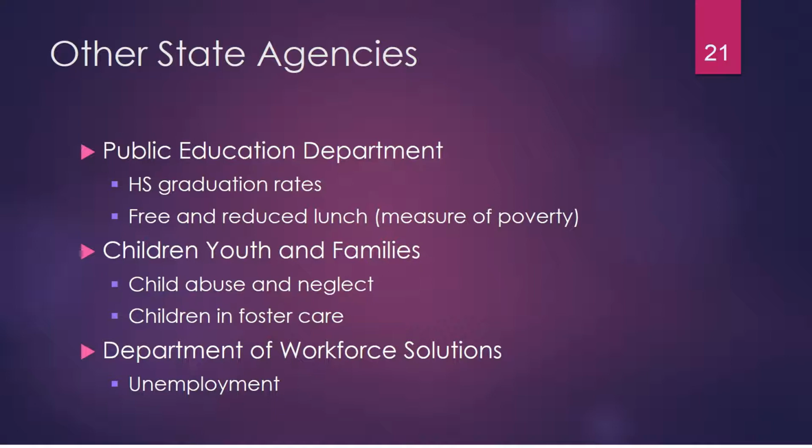Although not everyone may consider poverty and high school graduation to be traditional health measures, they are strongly related to health outcomes. In the last decade, there has been increased attention to these so-called social determinants of health, so don't overlook other state agencies like public education and children, youth, and families departments for health-related information.